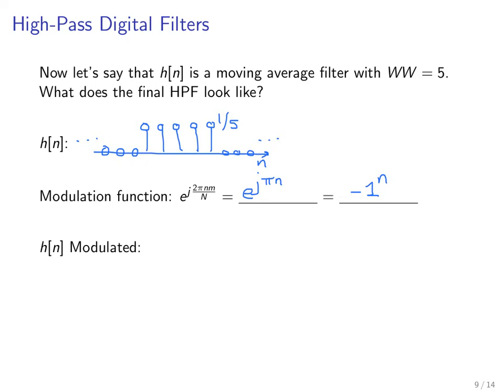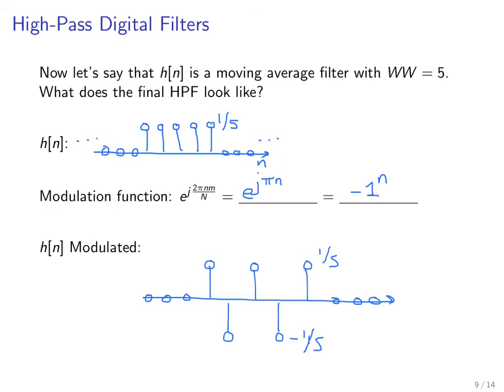When we apply the phase modulation, we'll get the following. We'll get still 0 samples at the beginning, and then every other sample is going to be negated in our moving average window. So that's 1/5 and -1/5.